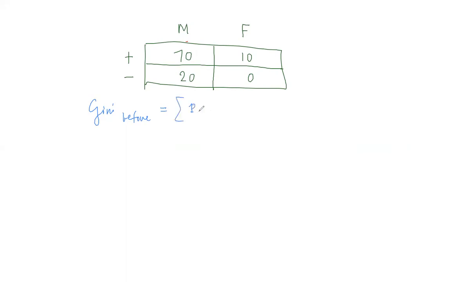Sum of pi, so the i has to be the class. Okay, so this total is 20. This is total 20. So over here, without splitting, it will be 0.5, 0.1 minus 0.5, and the same thing, okay?